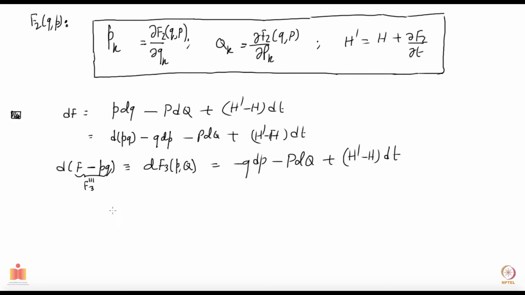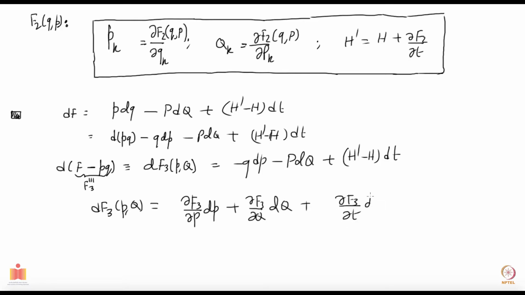And as before, I can write my total differential of df3, which is a function of small p and capital Q, as del f3 over del p dp plus del f3 over del capital Q dq plus del f3 over del t dt.